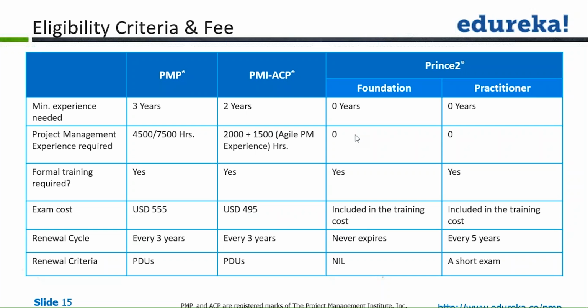You will also get an Excel-based tool, which will help you calculate your project hours and document your project management experience when applying for the PMP. The PMBOK guide is something you will get from PMI when you enroll for the PMP examination.